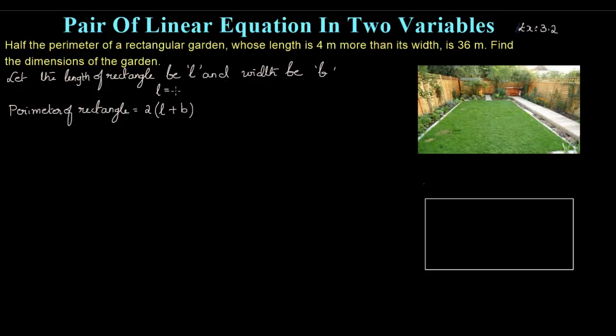Whatever the width is, it is B for us. Now we need to add 4 to that because they have said 4 more than its width. So you need to add 4 to that. So this is the length of the rectangle.